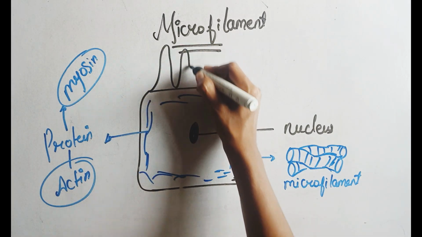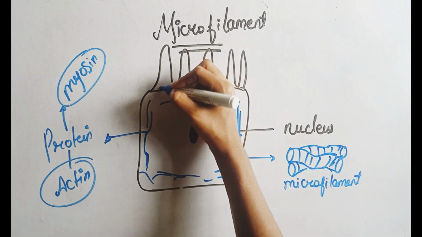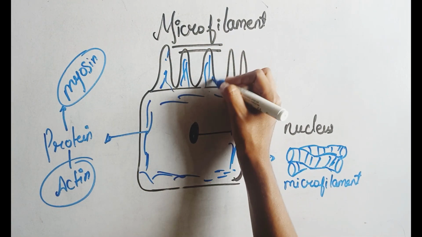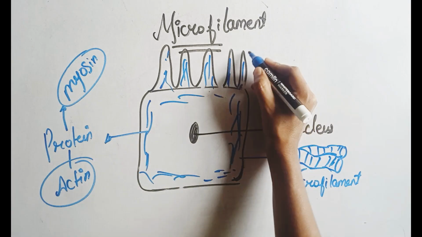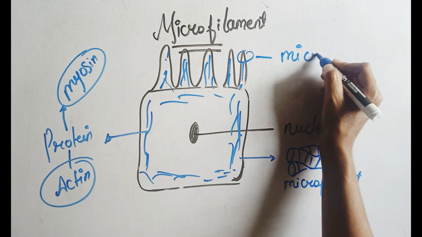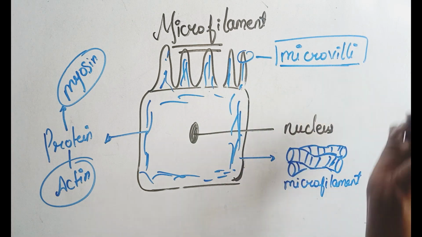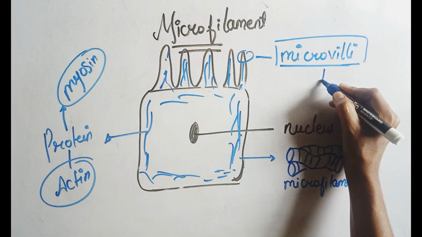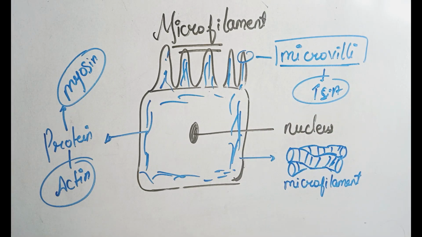So these microfilaments are extensions of the cell, and they are present in structures called microvilli. These microvilli increase the surface area, and when the surface area increases, absorption takes place faster. These are present in the small intestine.